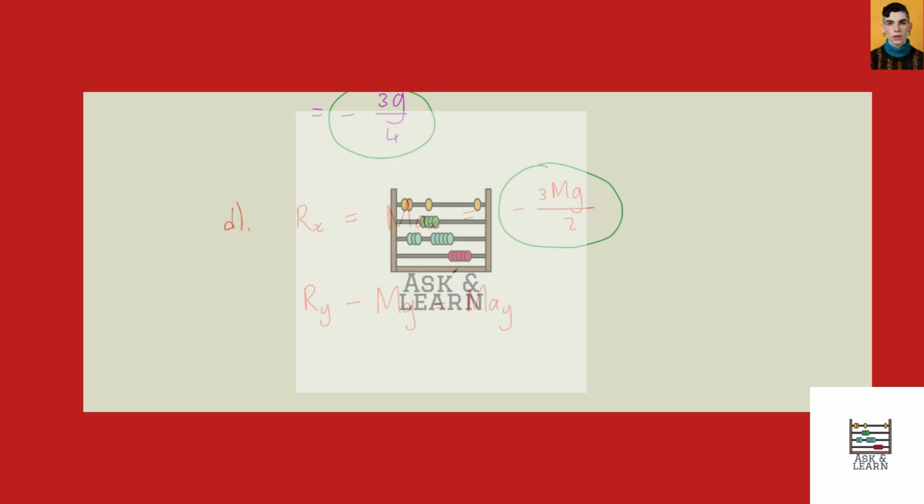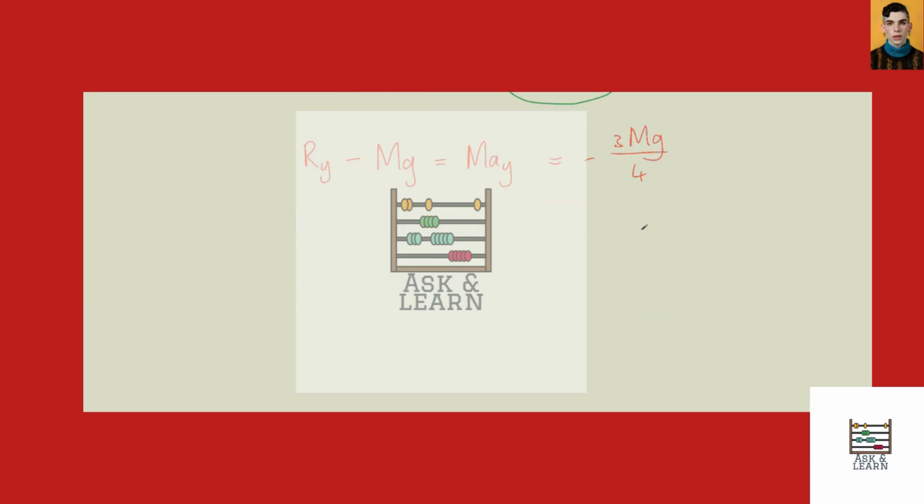So we're using Newton's second law here. And we know this is equal to minus 3 mg over 4, which means that Ry is equal to mg over 4.